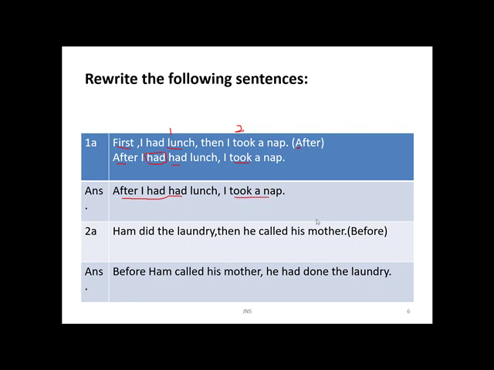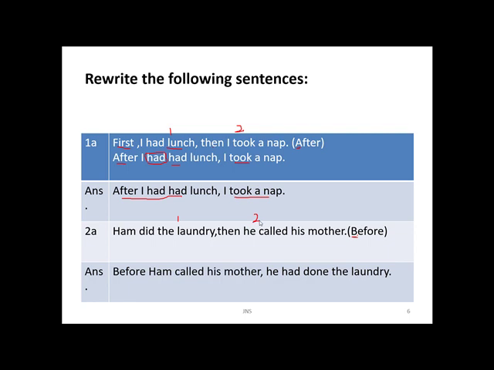What about the other one? As we can see here, "Before" starts with a capital letter, so its position in the sentence will be in the beginning. Again, put the actions in order first. Ham did the laundry, then he called his mother. So the laundry was done first, and then he called his mom. This is the second action.